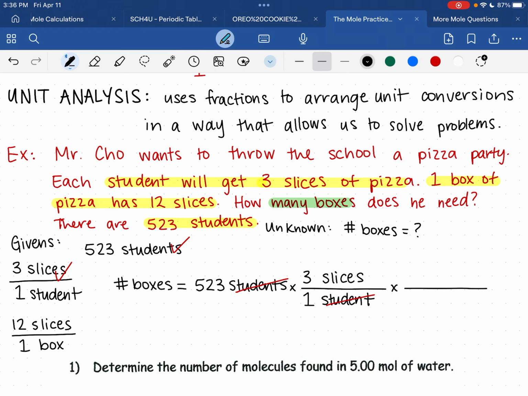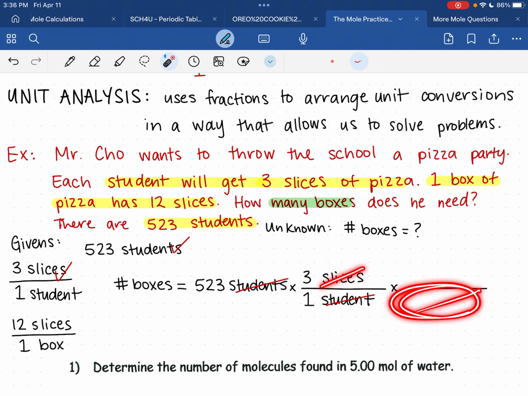We want slices to cancel with slices, but slices is in the numerator right now, so we want slices in the bottom. We need to flip this fraction.